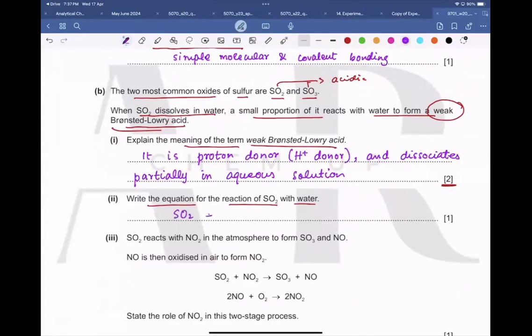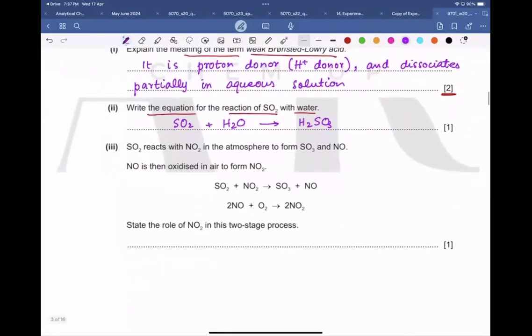When sulfur dioxide reacts with water, you will always get sulfurous acid, H2SO3. Yes, good, Zoha. And good, Hassan. And if the examiner asks you for SO3, write the equation of SO3 with water.